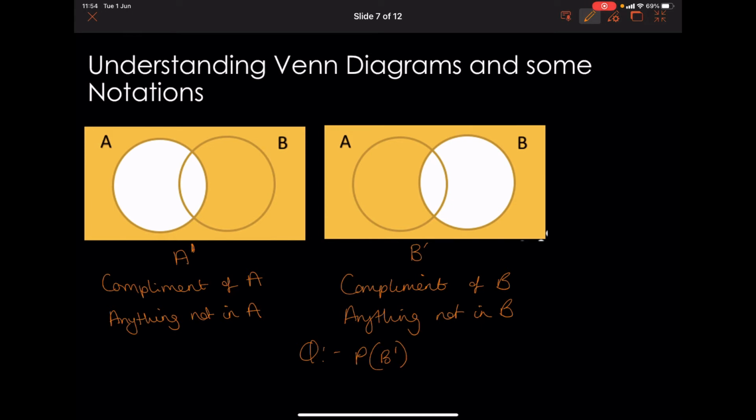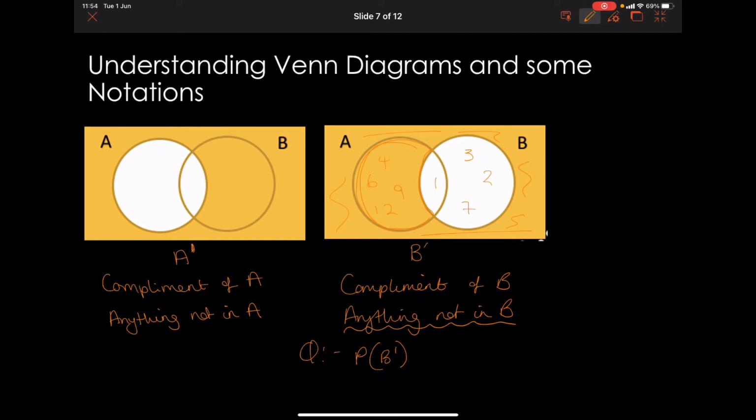So if we had numbers in here, 3, 2, 1, 7, and we also had numbers in here, the probability of anything not being in B would be anything of these here and anything that's outside. You wouldn't choose any of the numbers in B because they want it to be anything not in B.